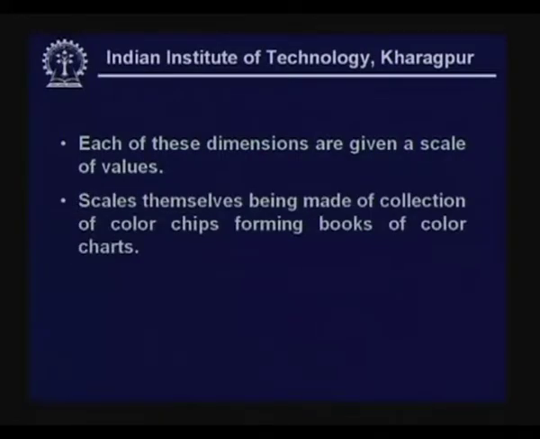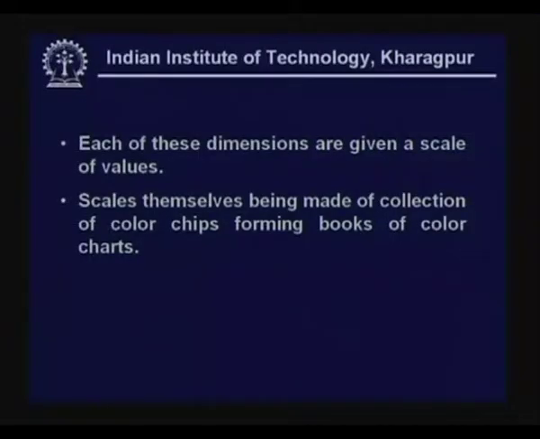Scales could be, in fact, are made of a collection of color chips and form what are called books of color charts. So, the Munsell system depends on having three dimensions, that is hue, value and chroma, and each of them having scales. And how are these scales formed?